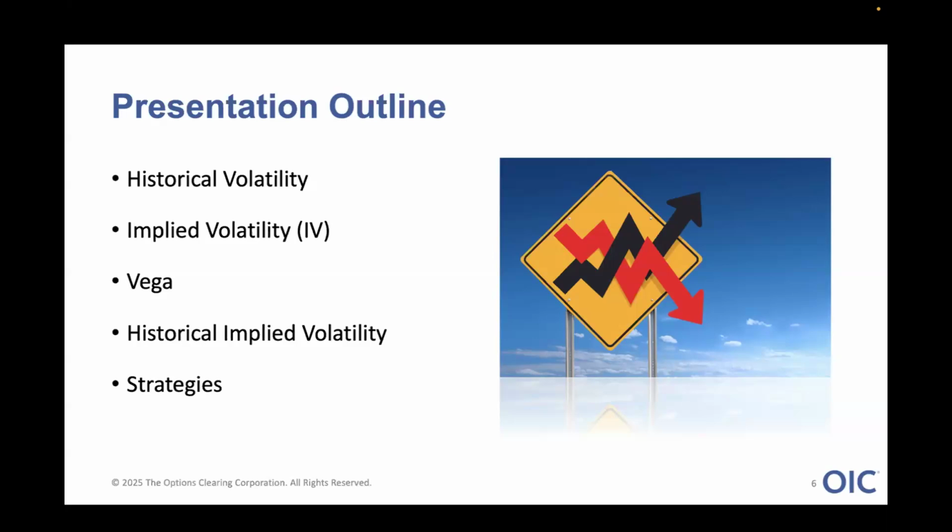Vega is your options Greek that tells you how sensitive your options position is to changes in implied volatility. And then we'll be looking at historical implied volatility after that. And then lastly, I'll talk about some strategies that you may incorporate, pure vol strategies that you might use based on your forecast of a particular security harnessing implied volatility.